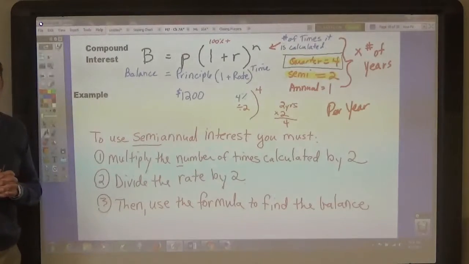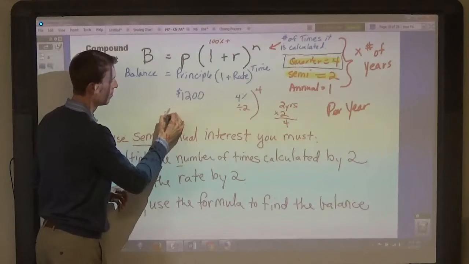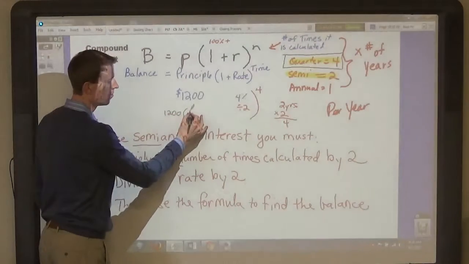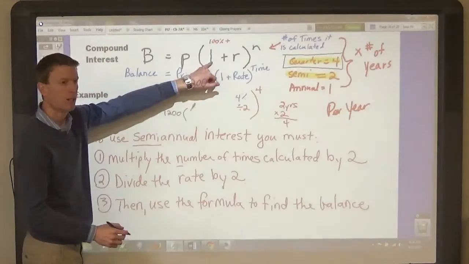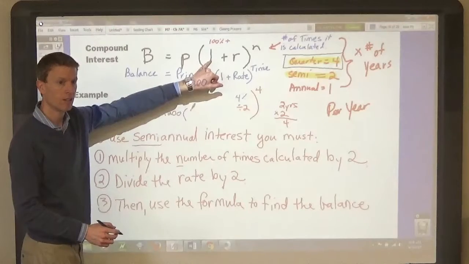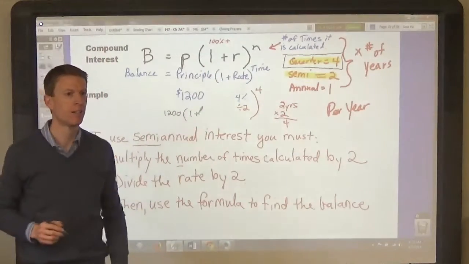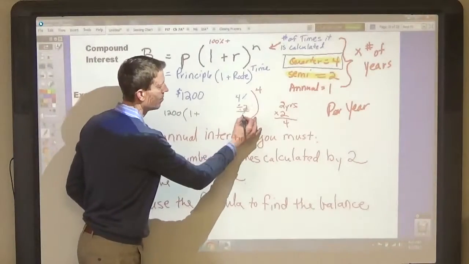Alex? It would be 1,200, then it would be times, since you have to do 4% divided by 2. Yep. Let's start with this number, the 1. Now go on and say what you were going to say. Then you have to do the 4% divided by 2, which would be 2%.